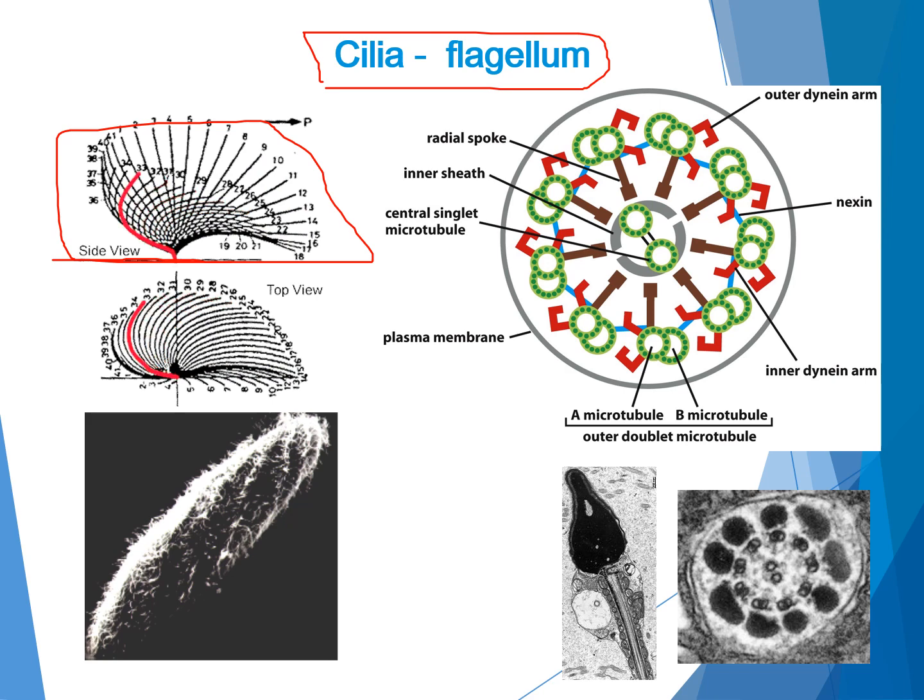Remember about the dynein arm, the dynein arm helps the sliding, and they have the interconnecting plates, the blue color over here, the nexin, which actually helps to give stress and also force to the cilia for them to bend a bit.